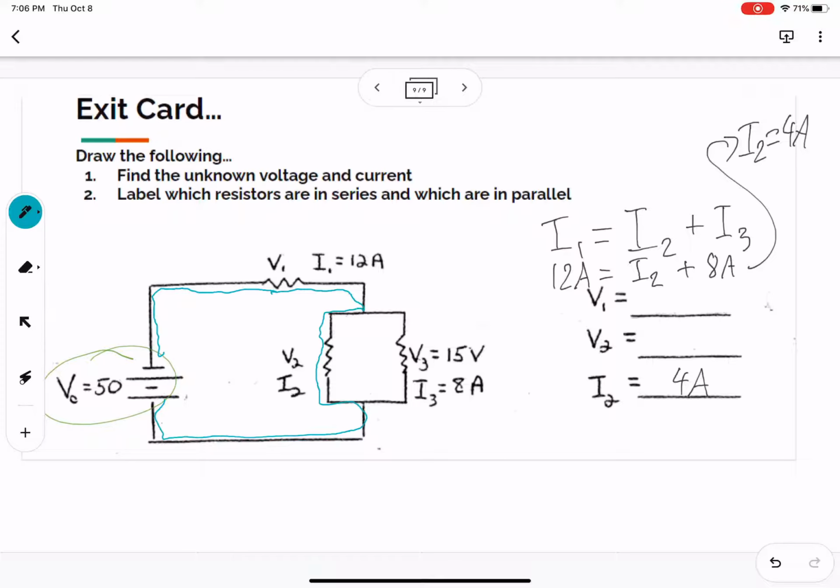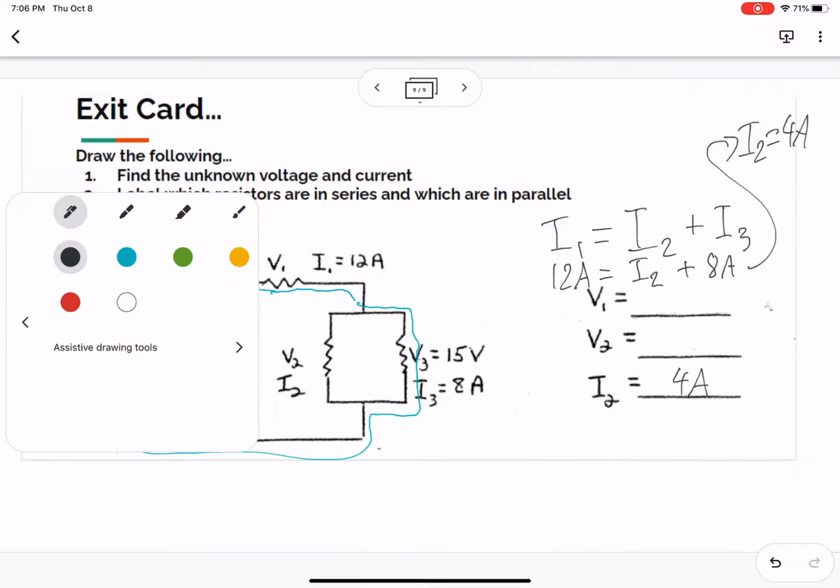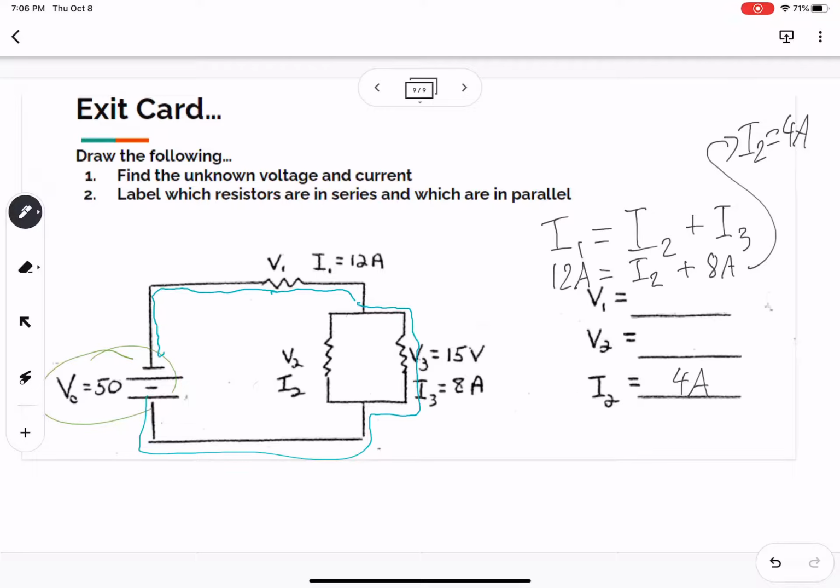So we can't actually calculate anything, but what if we retrace this path and go to the right instead of to the left? In this case we have the 50 volts we're starting with.